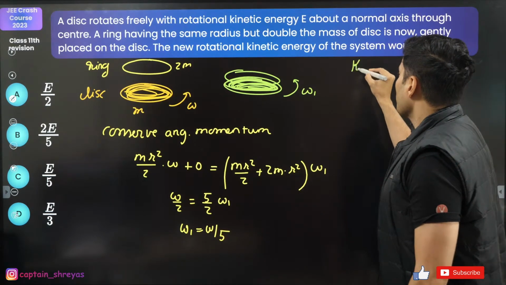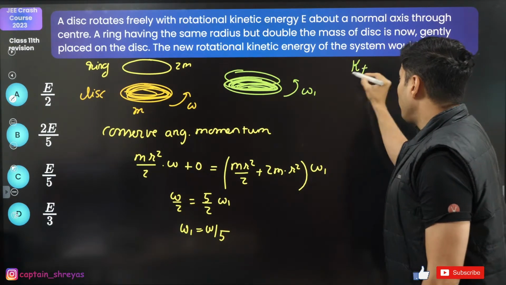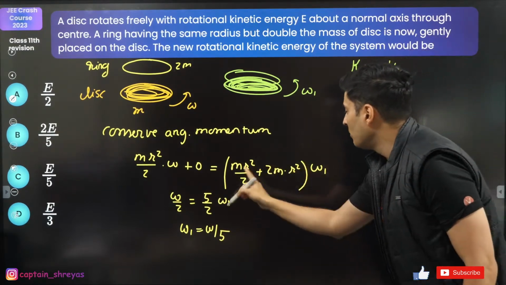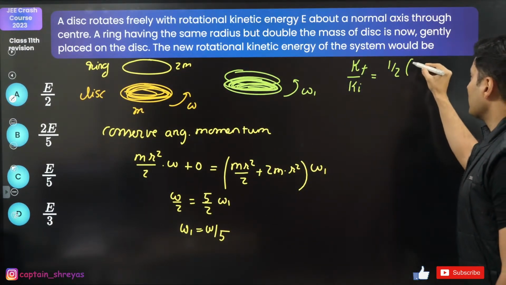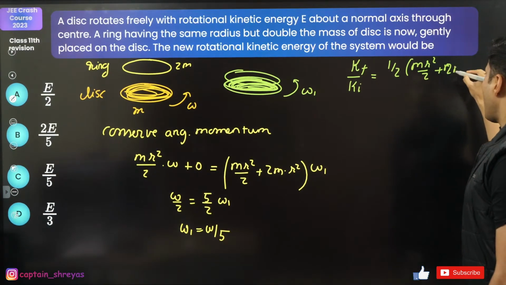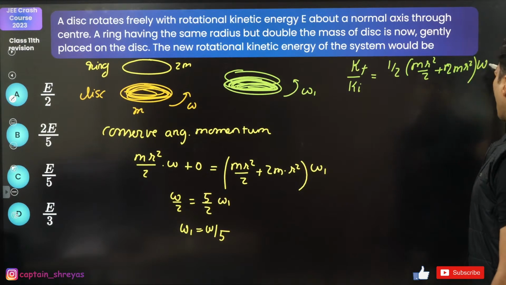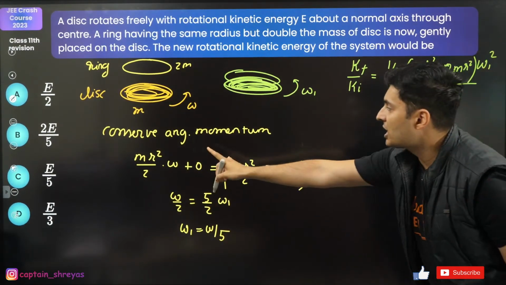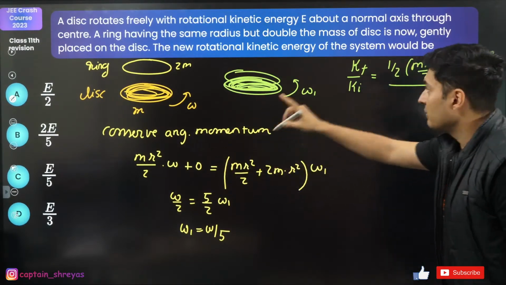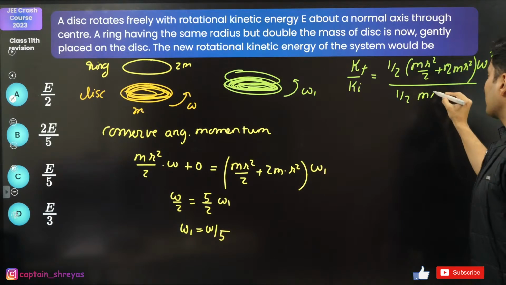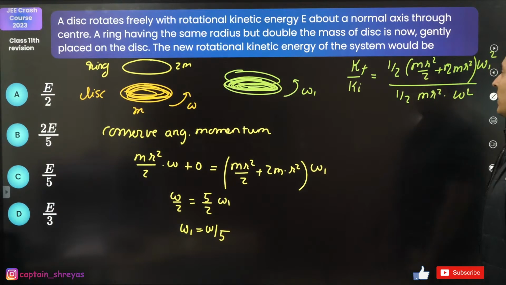Okay, so final by initial will be half the total moment of inertia, which is mr square by 2 plus 2mr square, into omega 1 whole square, upon the initial kinetic energy, which will be half I omega square, just mr square into omega square.